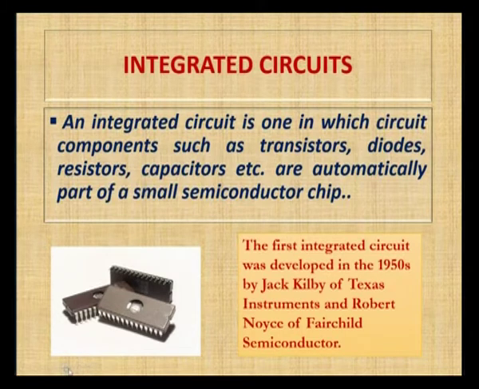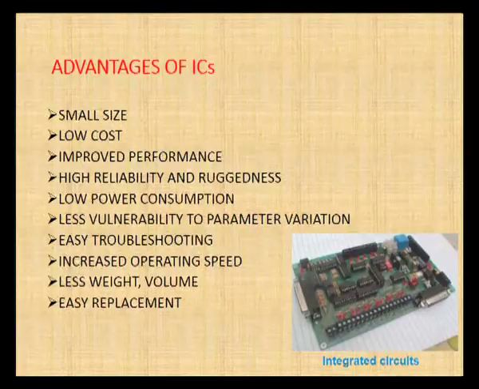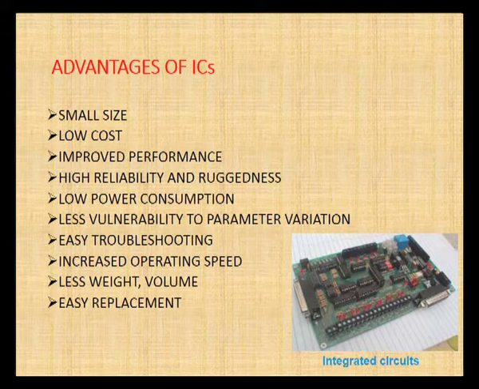Next we learn some of the advantages of ICs. Why do we go for ICs rather than discrete components? Because ICs are small in size, low cost, with improved performance, high reliability and ruggedness, and low power consumption.